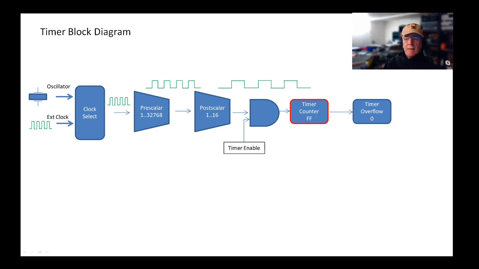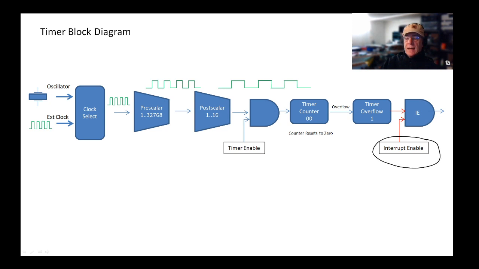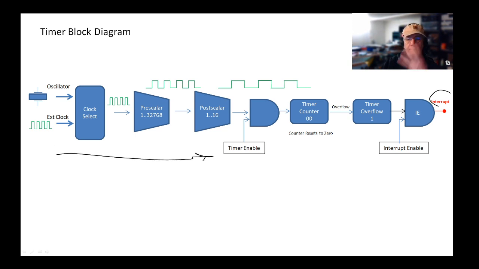And when it gets to FF, it cycles over to 0, and at that point it will overflow, and it will make an overflow event inside of that timer flag. Then, once that occurs, if we've got the interrupt enabled, it will raise an interrupt flag. And that's what we're doing. So we're doing all this in 4 commands. We're going to add in the interrupt enable in a moment and make it work.